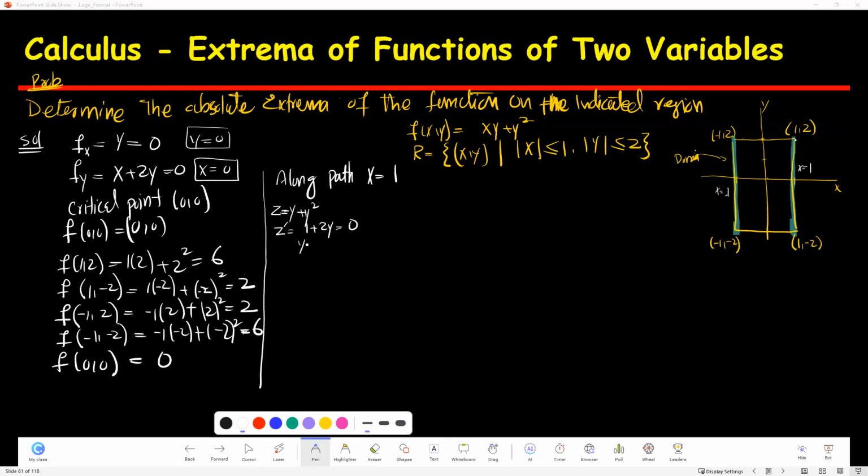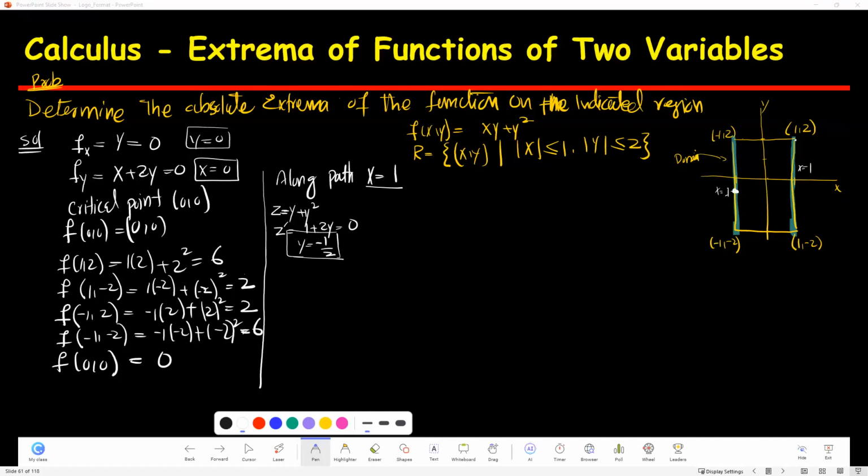From here, I can find the value of y. So I find x equals 1 and y equals minus half, maybe somewhere here. It looks like minus 1 over 2. So it should be somewhere here.